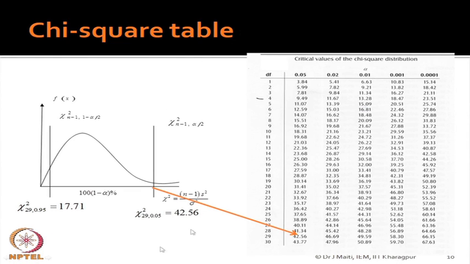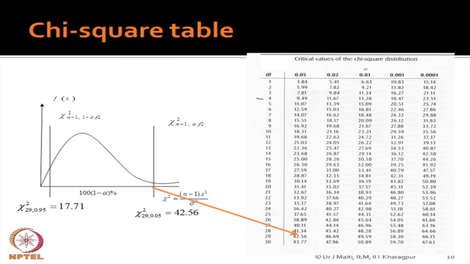You see this table, in this table our alpha by 2 is 0.05. So we first want to know chi square, our degree of freedom is 29, and what is this value? That value is 42.56. Okay.